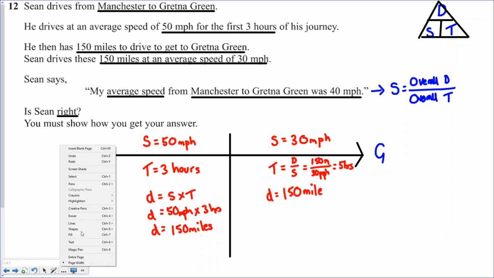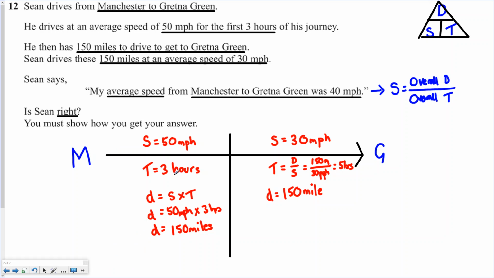So what we can now do is add the two parts together. So 3 plus 5 will give us 8. We can now substitute these values into this equation here. So the overall time was 8 hours and the overall distance, 150 plus 150, is 300 miles.